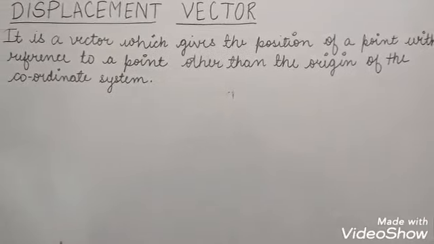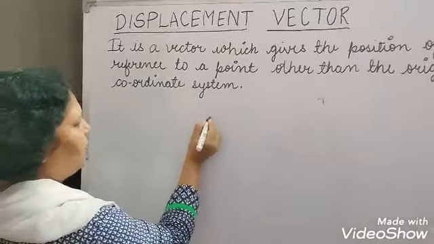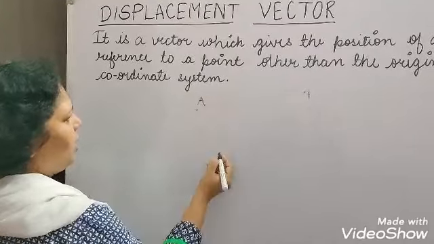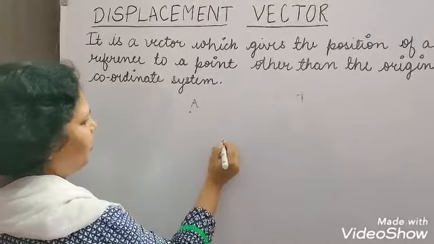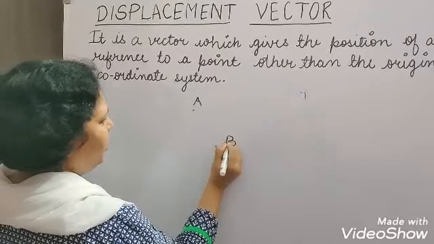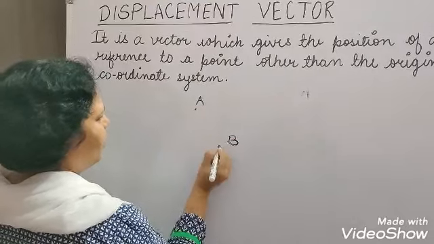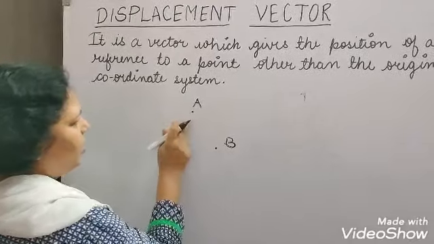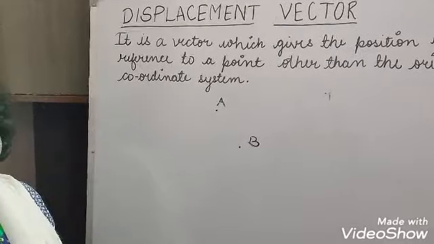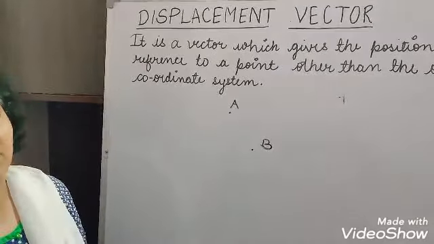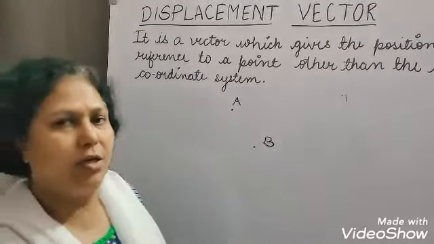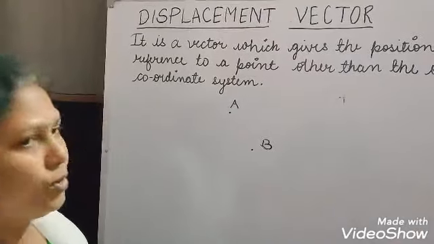That means, suppose I am taking a point A and another point B. If I am taking the position of A with respect to B or the position of B with respect to A, this is called the displacement vector, because A and B are not the origin.